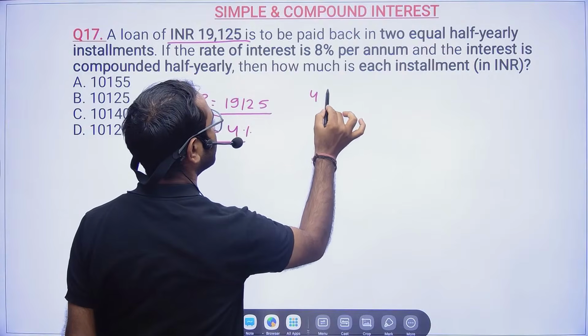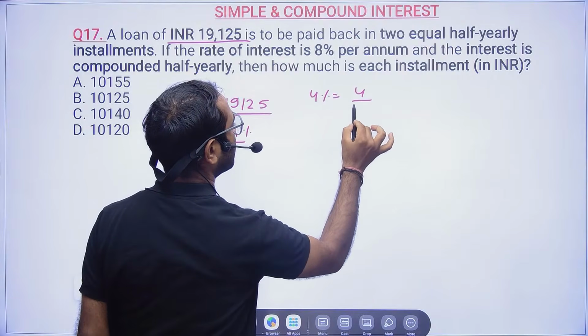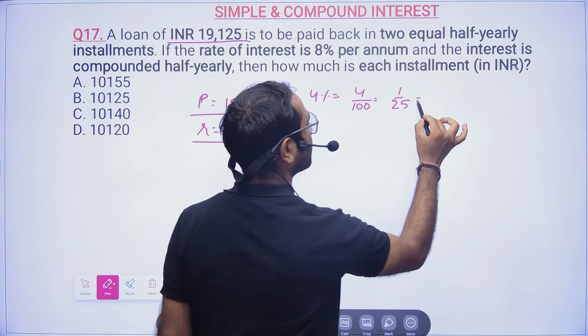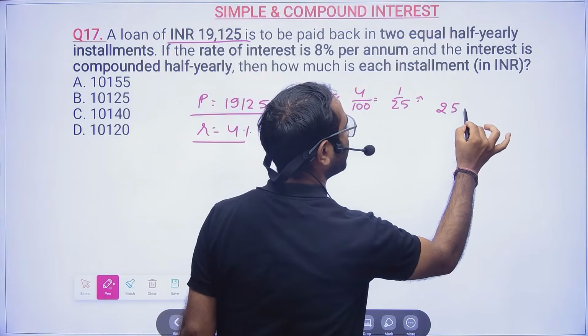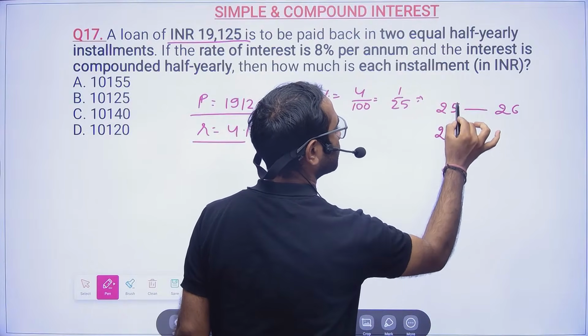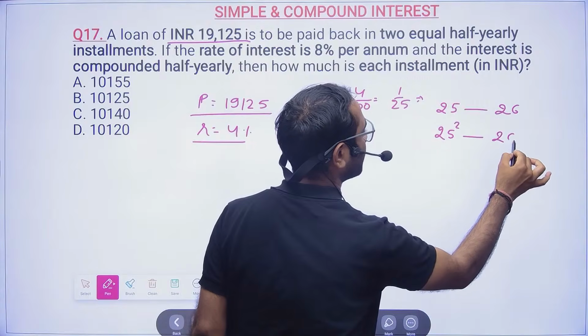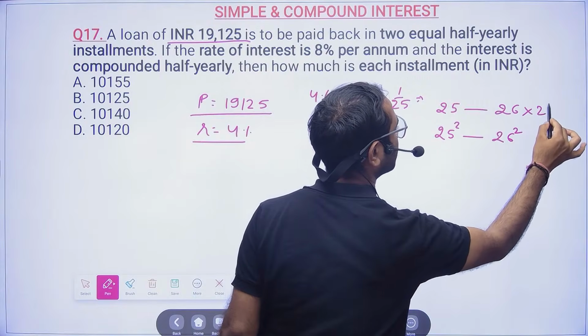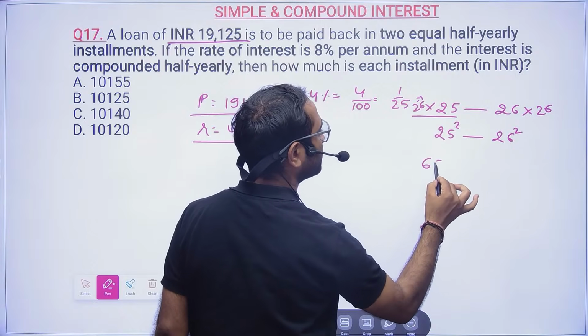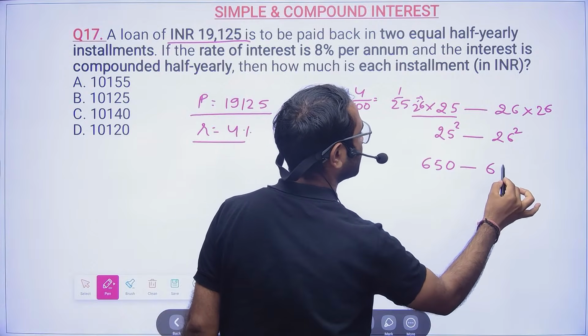Now sir, 4% is what? 4 by 100, that means 1 by 25. That means 25 is the principal, and 1 rupee is your interest, so 26. For 2 years, so 25 square, 26 square. But the installment has to be the same, so we multiply: this was 650, this was 676.